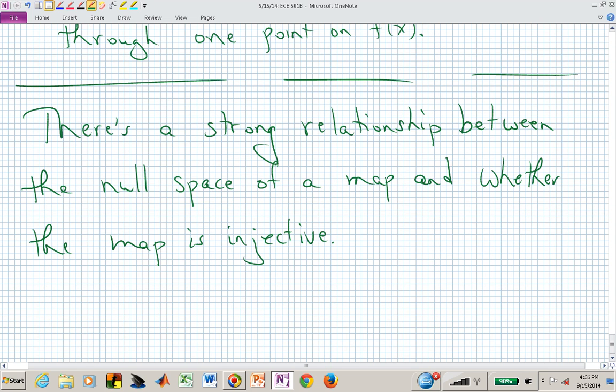And if we have a strong relationship, that means we must have a proposition. So here's proposition 3.2.